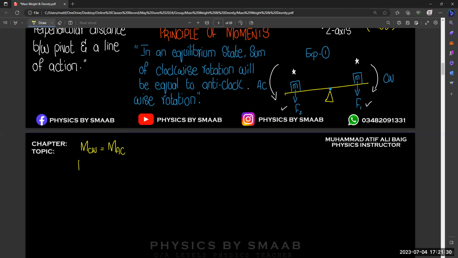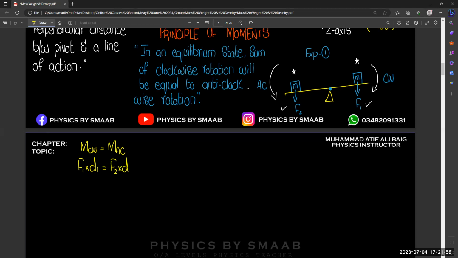We use the formula F1 D1, and you may number the forces according to your choice. There is no hard and fast rule for numbering or marking the objects on the seesaw or any other example. You may use one for the clockwise rotation or one for the anti-clockwise rotation, it's up to you.